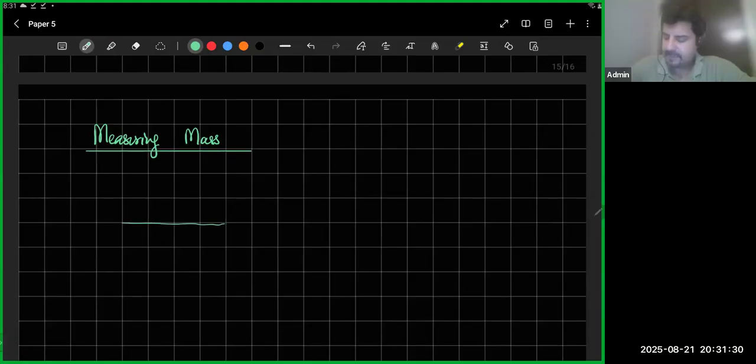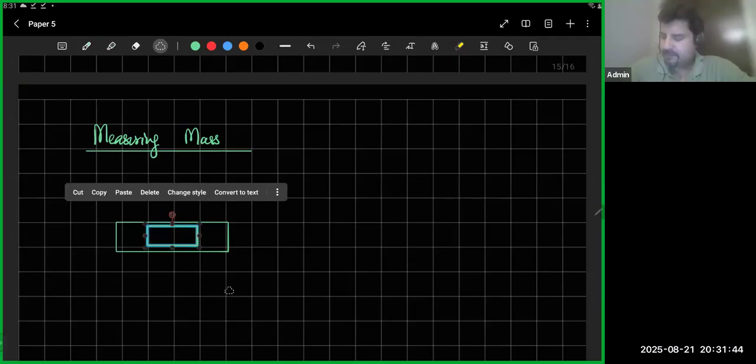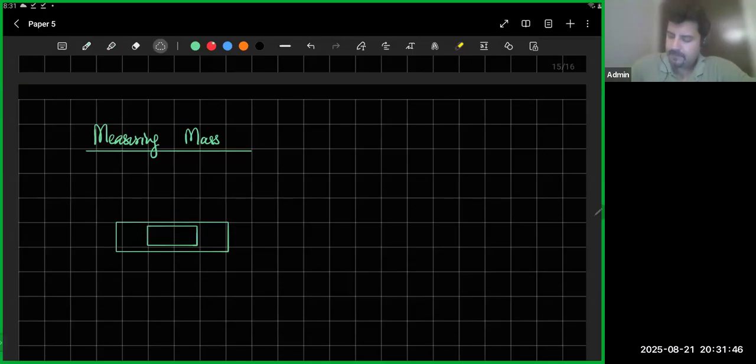Normally it's an electronic balance, which has a scale, and that scale gives you a reading. And whatever substance you're trying to measure, that's probably in a small tube.